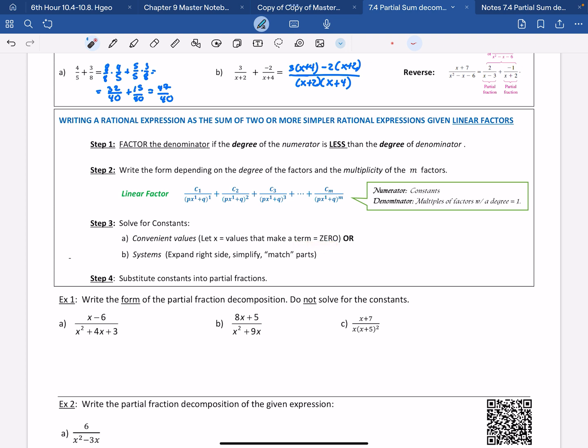Another method is what we call expanding and doing a little bit of a matching game. This one sometimes on the front end might be a little bit harder, but it works 100% of the time. You can be very systematic and do this on every single one, or you can do this little guessing and look for some convenient values. That one works well.